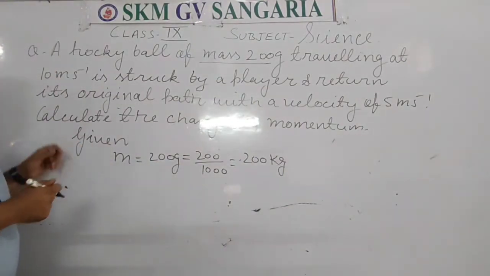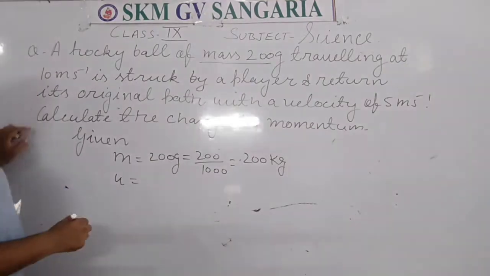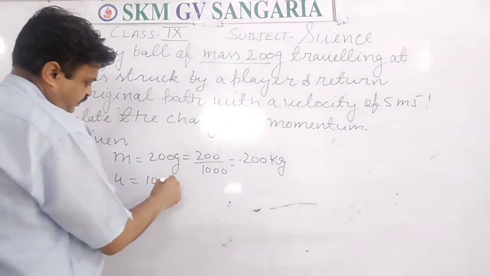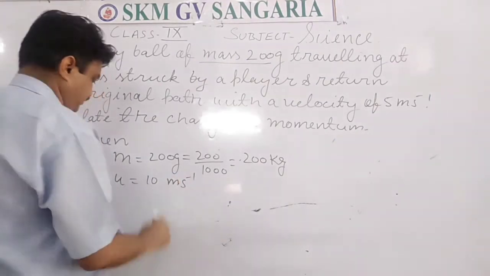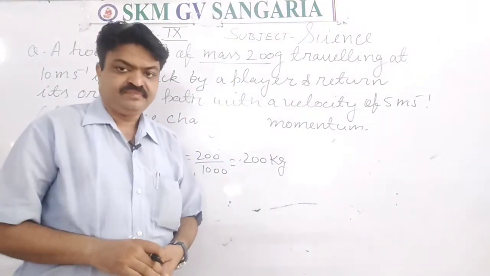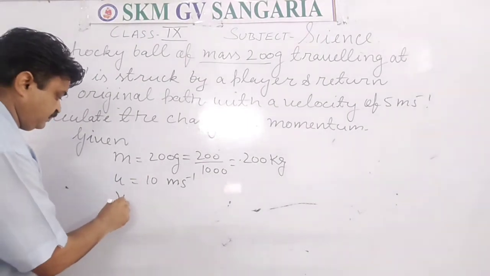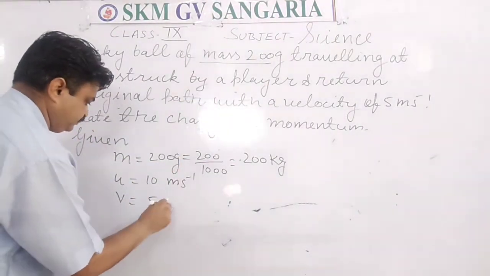And initial velocity is given. What is it? 10 meter per second. Final velocity is also given, student. What is it? It is 5 meter per second.